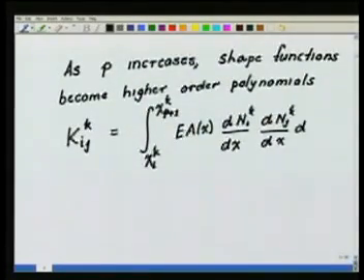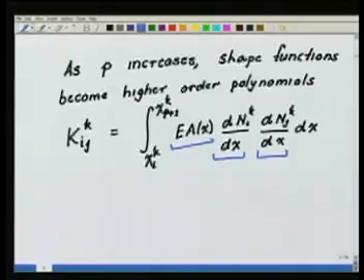So when we evaluate this integral to obtain the entries of the stiffness matrix, we find that this expression, the integrand, dni/dx, dnj/dx, and even EA need not be constant all the time. EA could be anything.